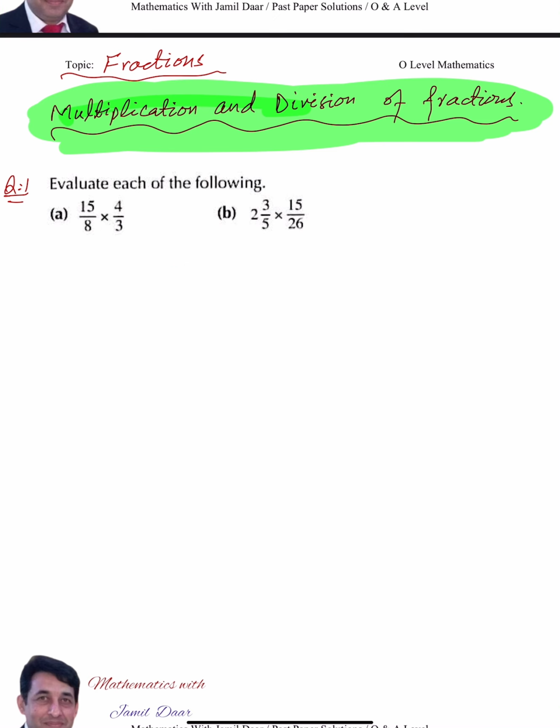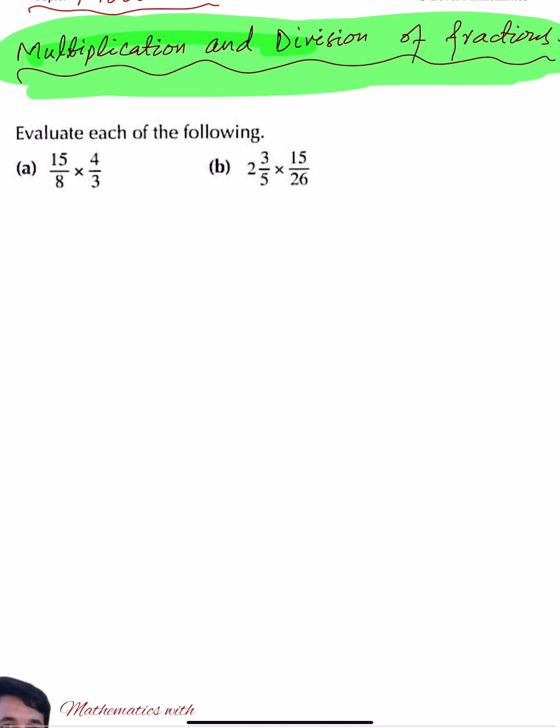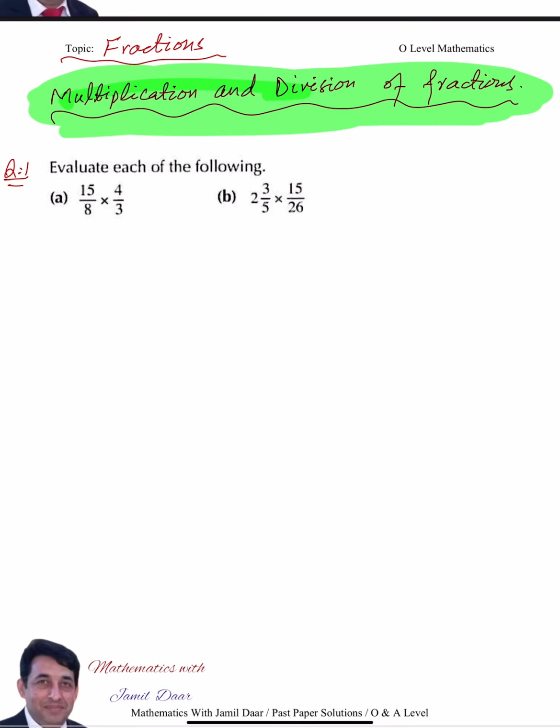So if there is nothing cancelable, that is the case. But if there is something cancelable between the numerator and denominator, you have to cancel that, because both of these are numerators and both of these are denominators. You can divide 4 by 8.